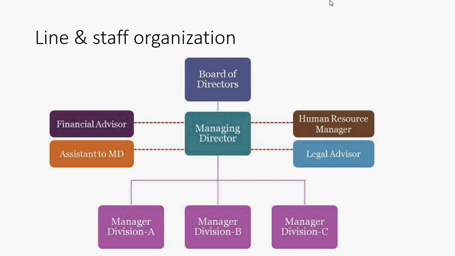assistant to MD. And under the MD, the various departments, sections or divisions are working. Here we considered three divisions: the manager of division A, B, and C. So consider division A as the production, the manufacturing department.